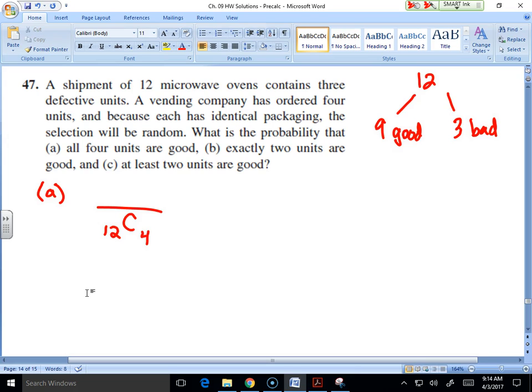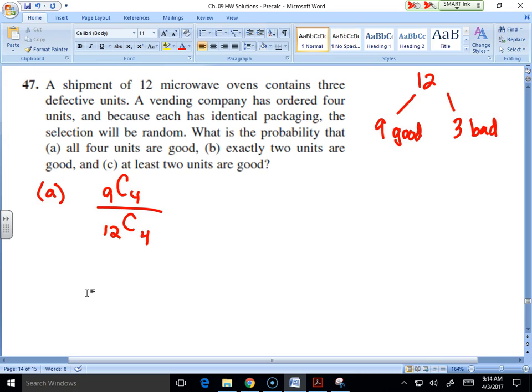All good, what's gonna go on top? 9. Take the total, remember N is for total. So 9 total, C 4. 9 total, and out of those 9 good ones, you're getting 4 of them. So how many different ways can you get 4 good ones out of how many different ways can you just get 4 in the microwaves?